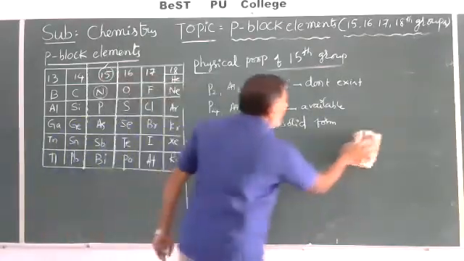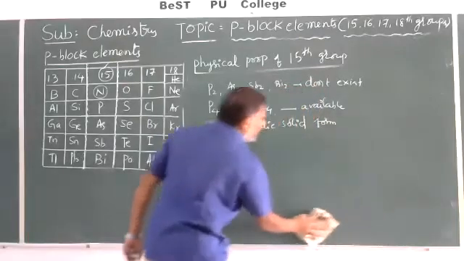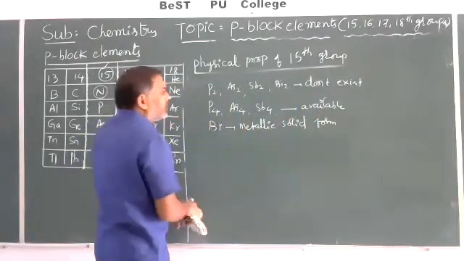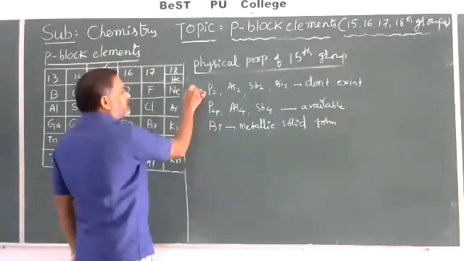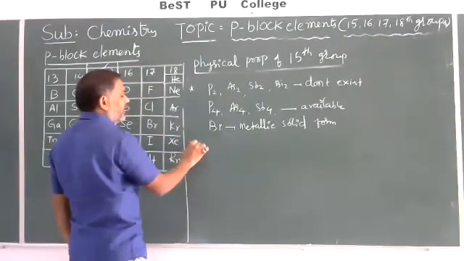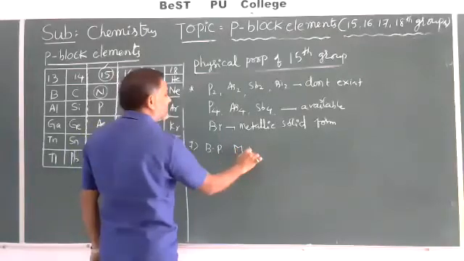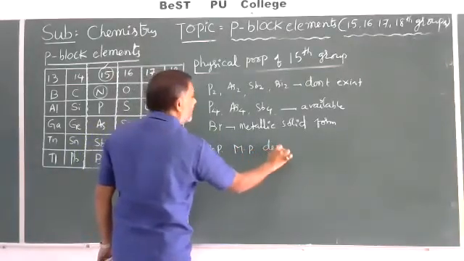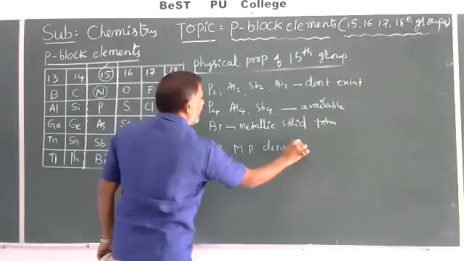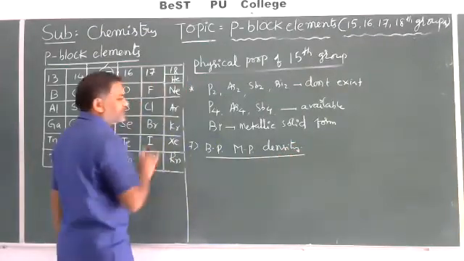Next important point is the boiling point, melting point, and density of these 15th group elements.